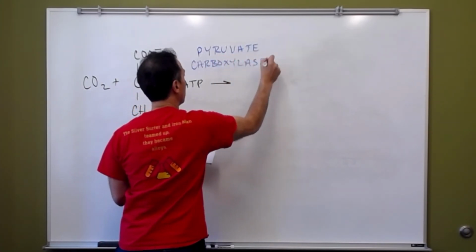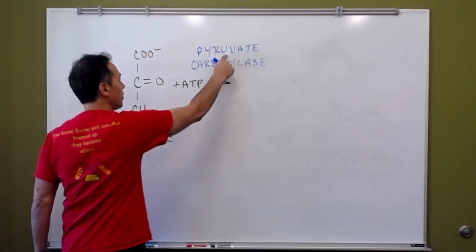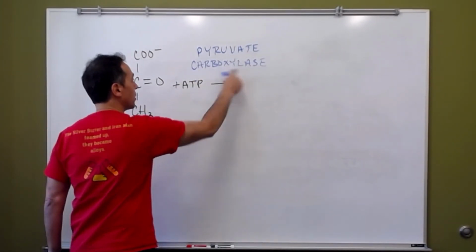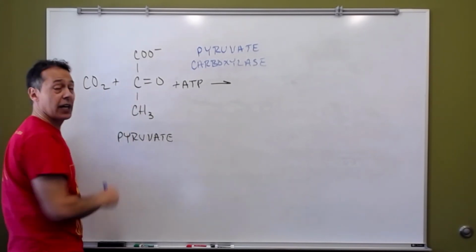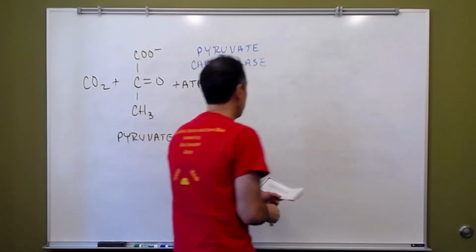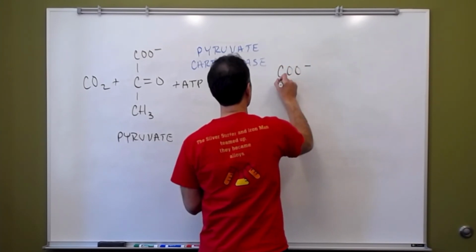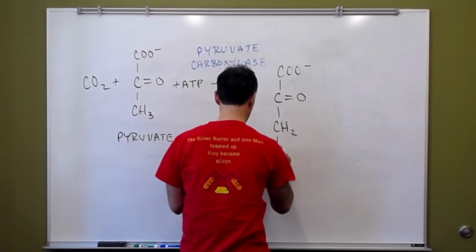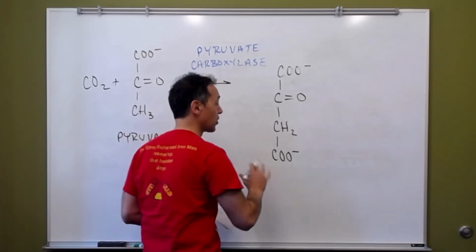And the name itself kind of gives us a clue as to what's happening. It's going to take pyruvate as its substrate here, and then carboxylase, which refers to carbon dioxide. So we're going to add carbon dioxide to this molecule. So then our product over here is going to look like this. This product here has a name, and it's oxaloacetate.